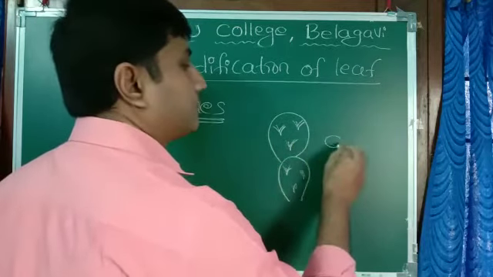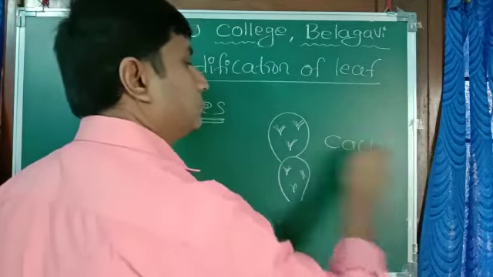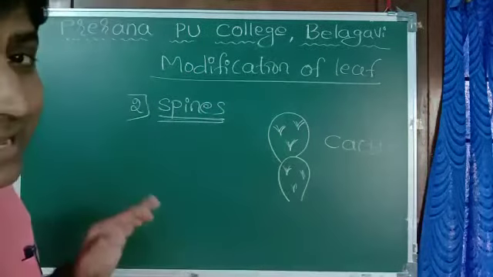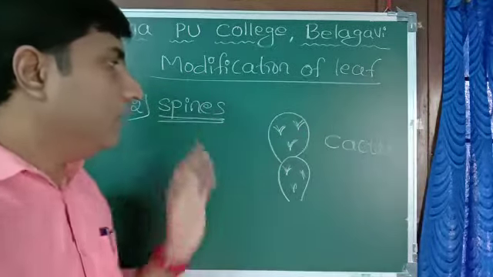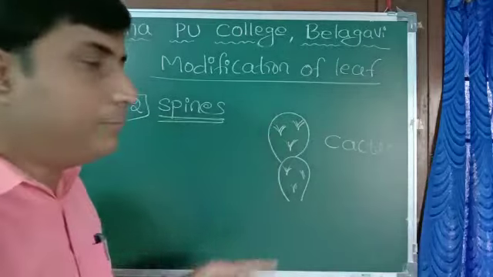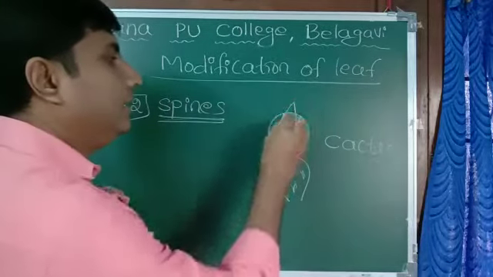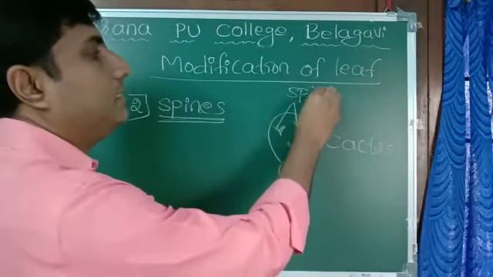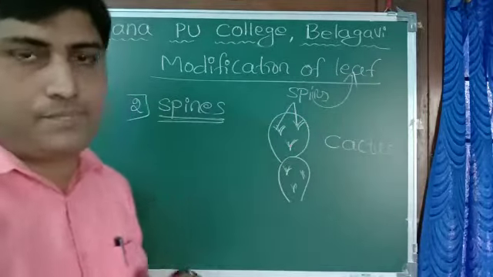This is a cactus which grows in desert area. Here, these are spines, very sharp ones. These are spines, but actually they are modified leaves.